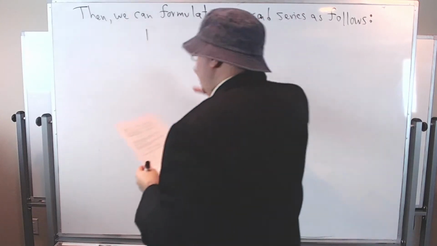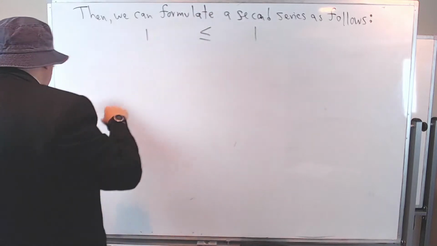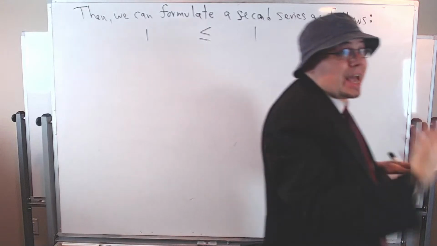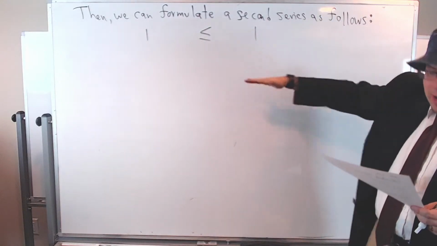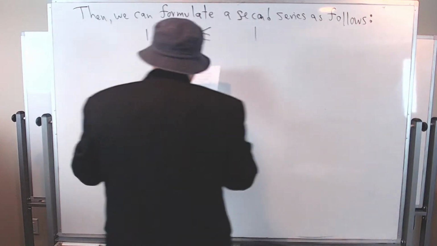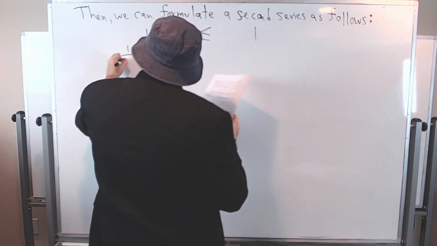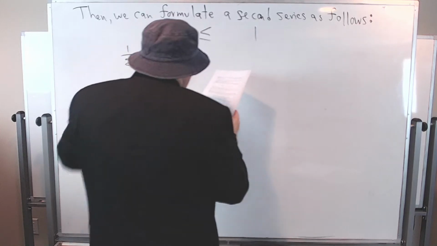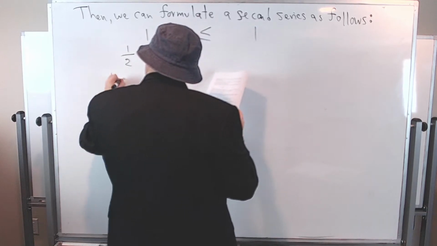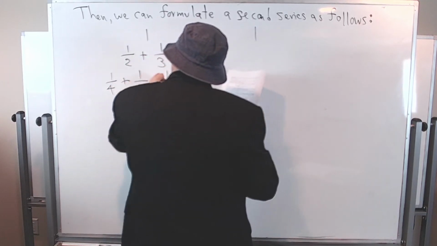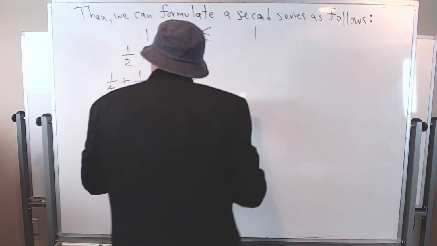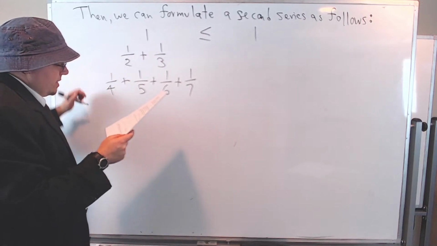I'm going to write down the terms that I had before, but in terms of the number of terms the series actually has, which is all being expanded out by powers of 2, if you think about it. I'll let you think about it, but it should hopefully be evident from this. We have 1/2 plus 1 over 3, 1 over 4 or 1 over 5 plus 1 over 6 plus 1 over 7. I'm going to keep writing out the terms like this.